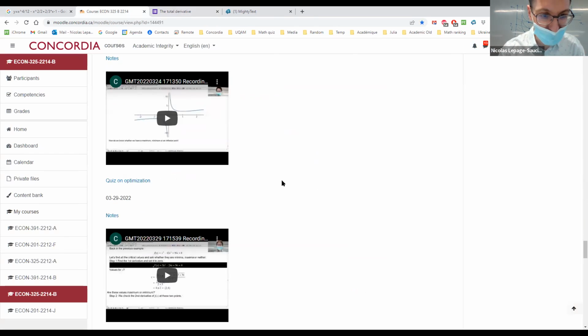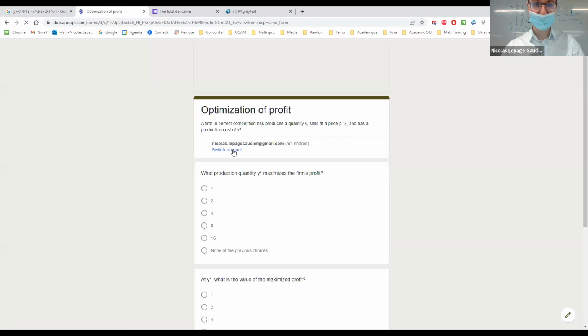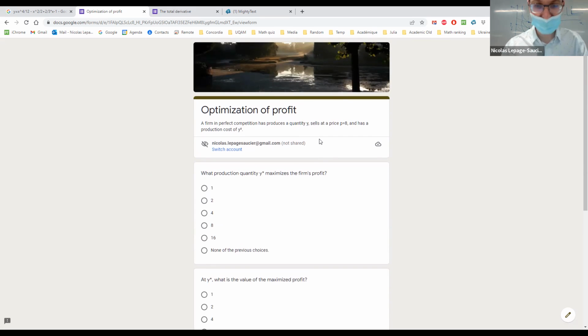Do I have some other there? Optimization. Perfect competition produces a quantity y, so that price p equals 8. What's the profit function in this situation?